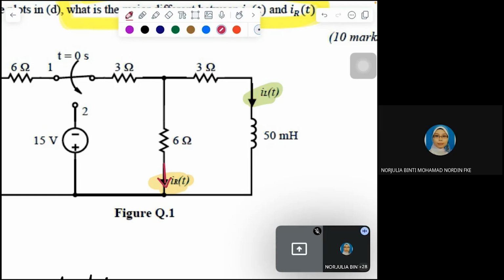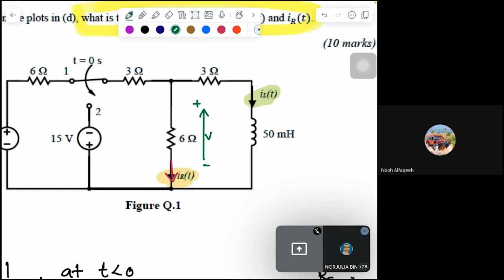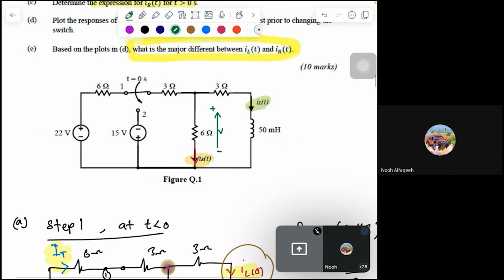So the voltage across your resistor is going up, where this is your V. The head of your arrow always carries the positive polarity, and the tail of your arrow carries the negative polarity.